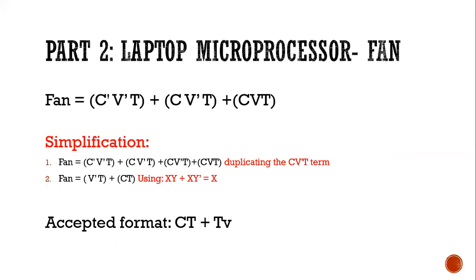Next, focusing on the fan, we have F equals C' V' T or C V' T or C V T. Again, we've duplicated the C V' T term and used once again the simplification theorem, giving us the iLearn format of CT or TV'.